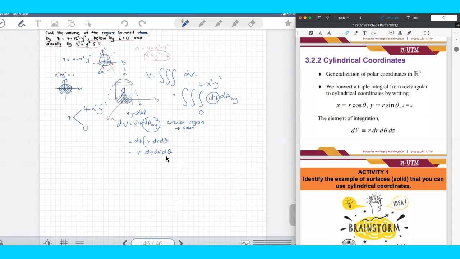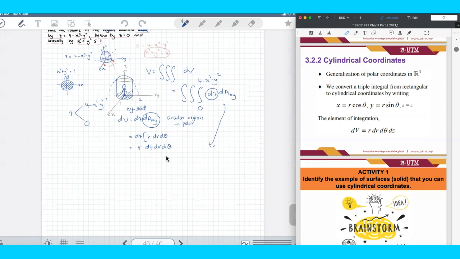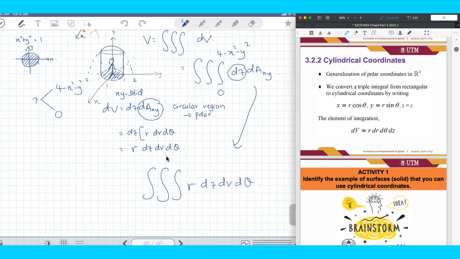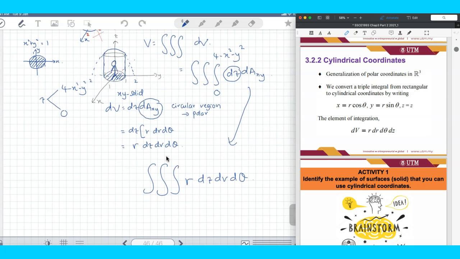So when you solve using polar, I put the dV now as r dz dr d theta. So your limit of theta, your limit of z: your upper bound of z is still in terms of xy. As I mentioned before, in cylindrical coordinate, z is z, you don't change the z, but you have to change the xy into polar.